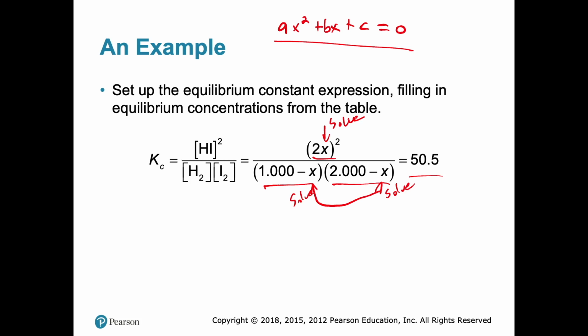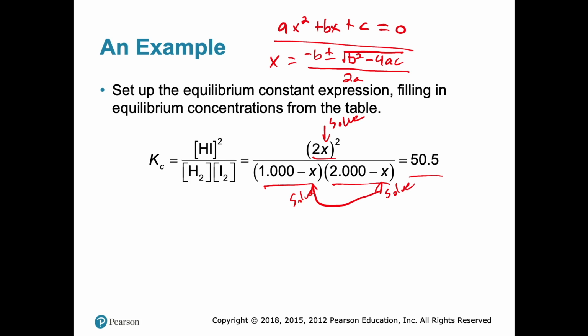Because just like you all said together, the formula is x equals minus b plus or minus the square root of b squared minus 4ac, all divided by 2a. That's the quadratic formula.